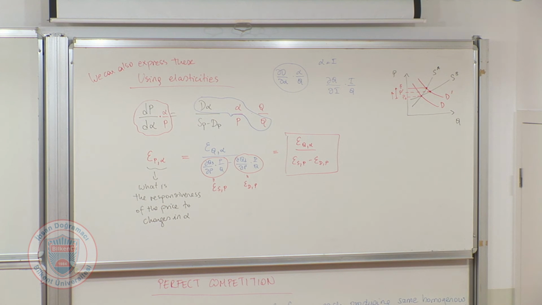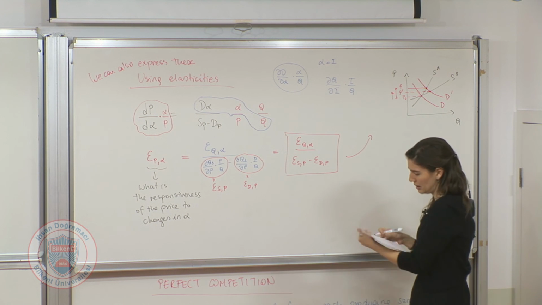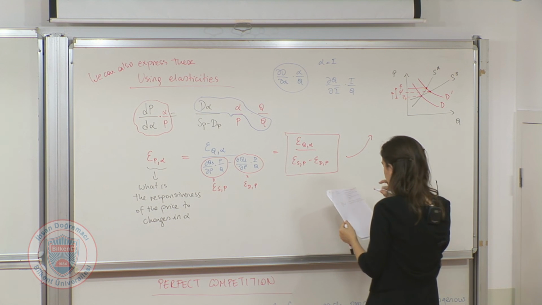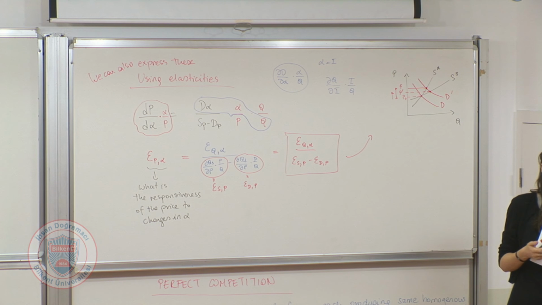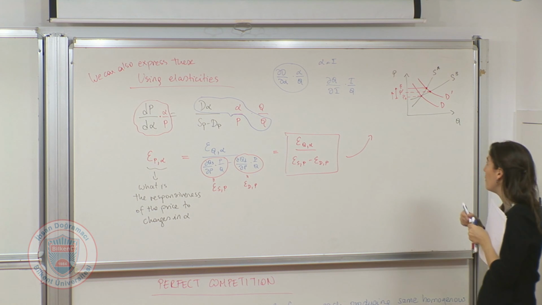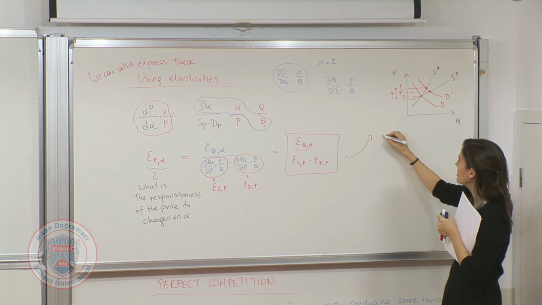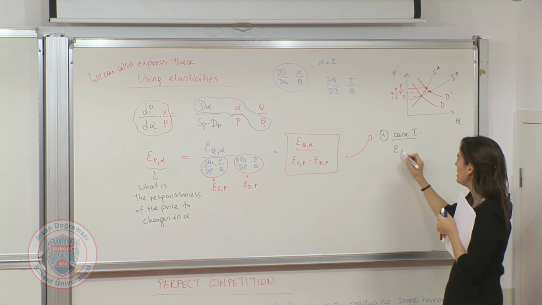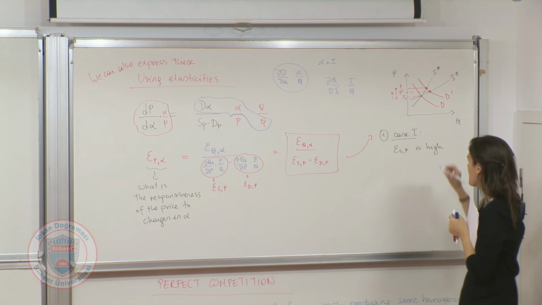Now let's try to see this here, okay? Suppose, because it's the same demand structure, in these two cases, so let's say that ESP is high.